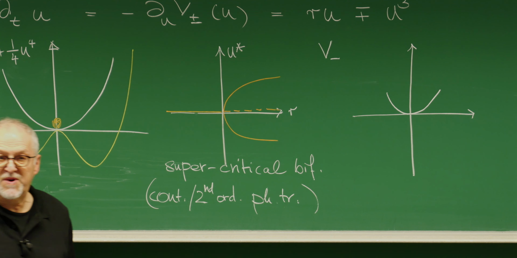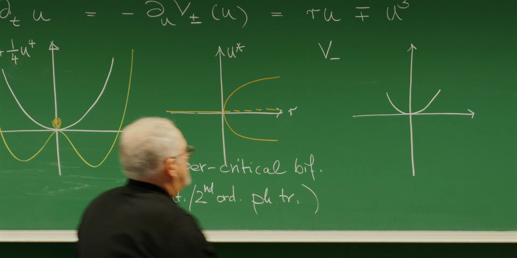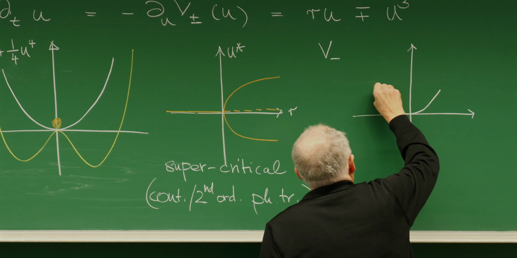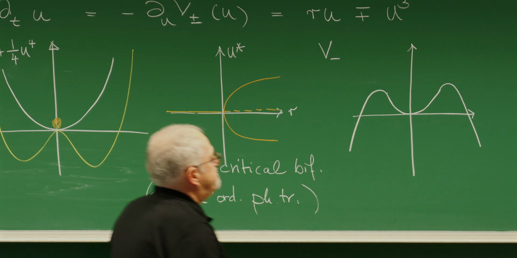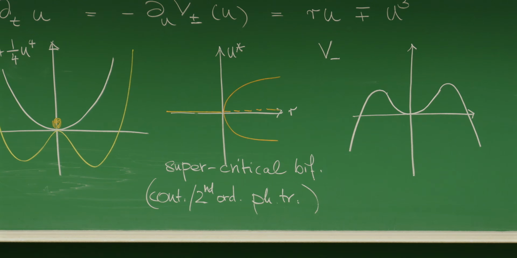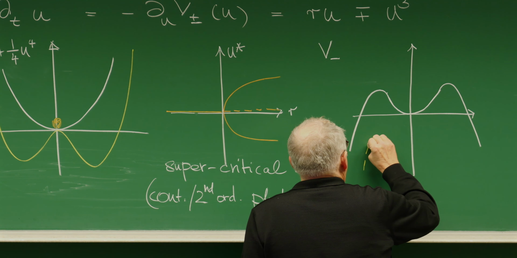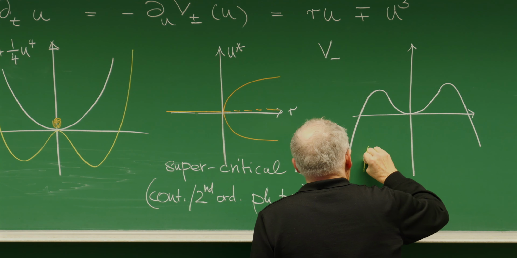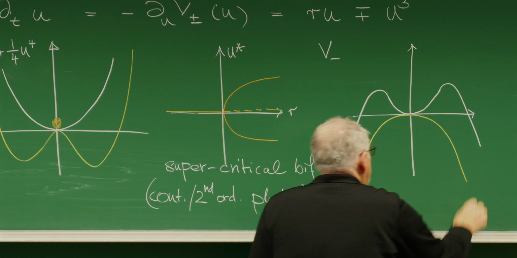That's still the case, but the u to the 4th term now pulls you down. So that's the structure you get, something going up and then down, right? And if you now change the control parameter r from being negative to being positive, both of the coefficients are negative, and that means the structure that you will get is something that then opens to the bottom.